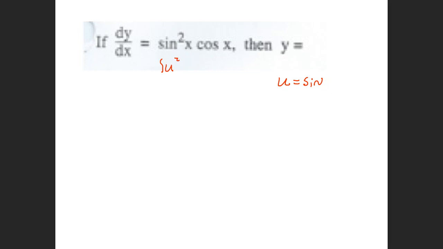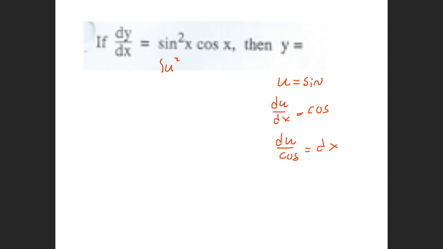See how, if you use sine squared, then where are you going to plug it back in? But if you just let sine be U, then if I take the derivative, I've got du dx equals cosine. Now if I solve for dx, I get du over cosine equals dx.